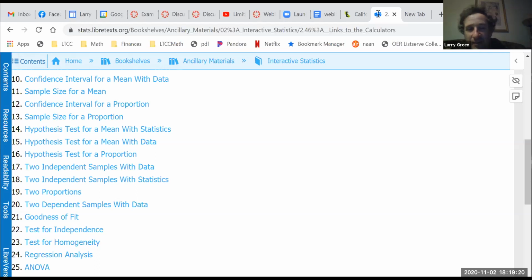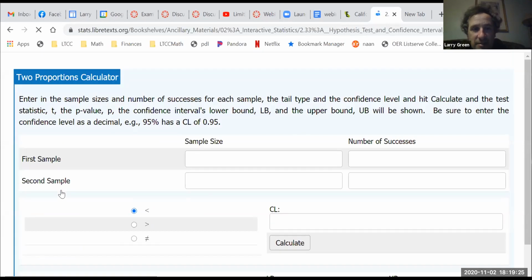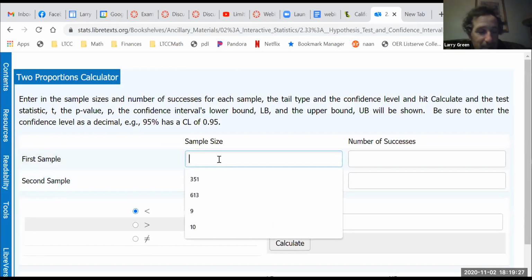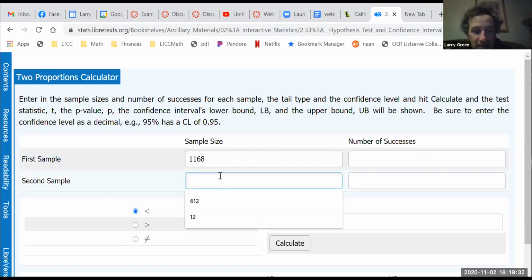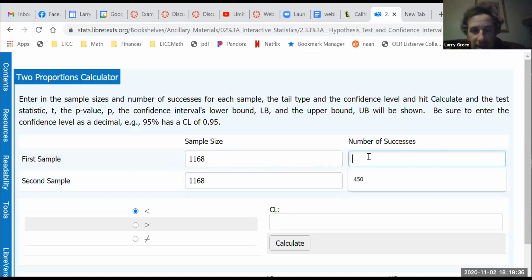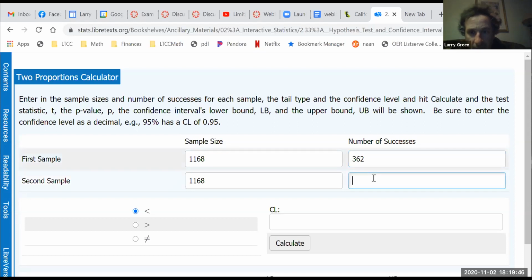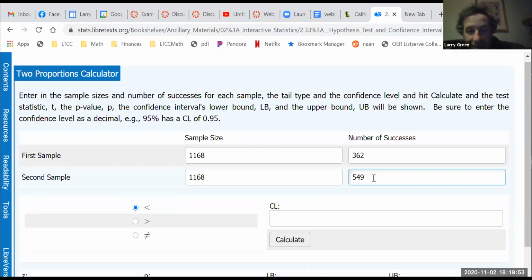Two proportions now. We're comparing different proportions. So I'm going to click two proportions. And first sample, the sample size was 1168. Second sample size coincidentally was also 1168. The number of successes for the first sample was 362. The number of successes for the second sample was 549. So hopefully this doesn't look too hard.